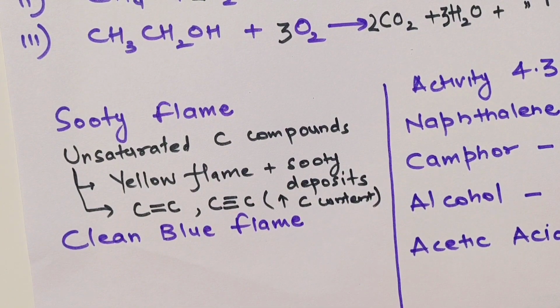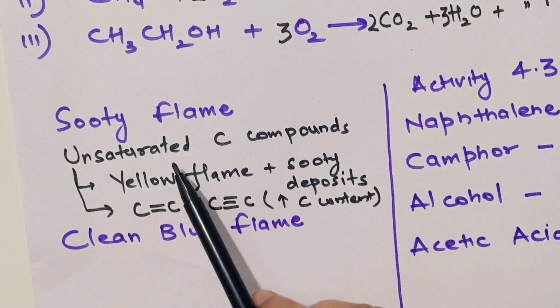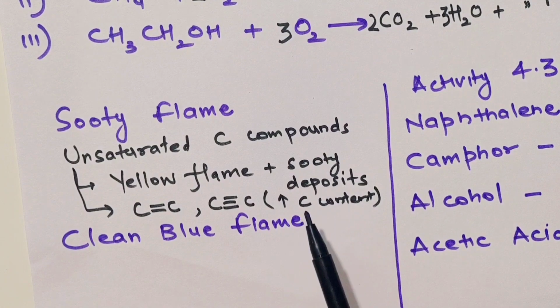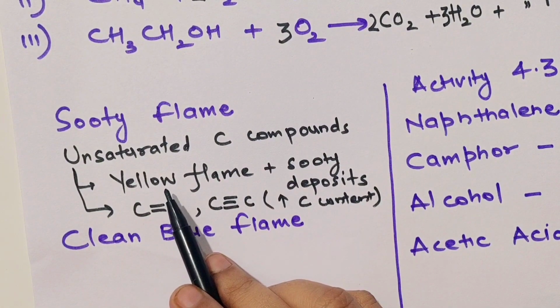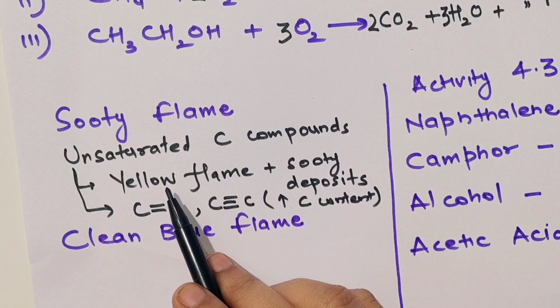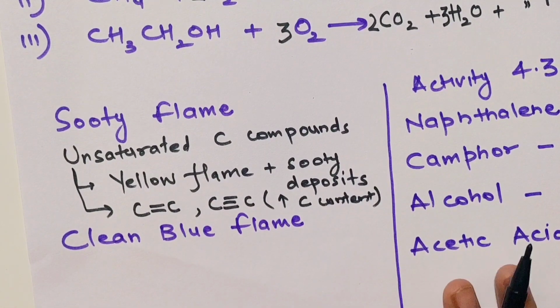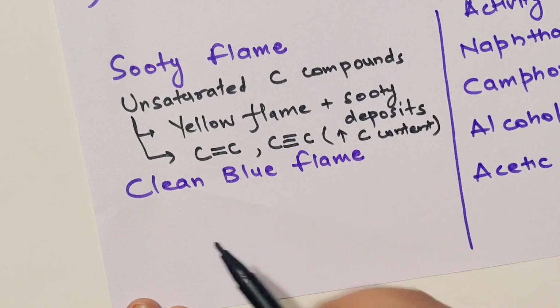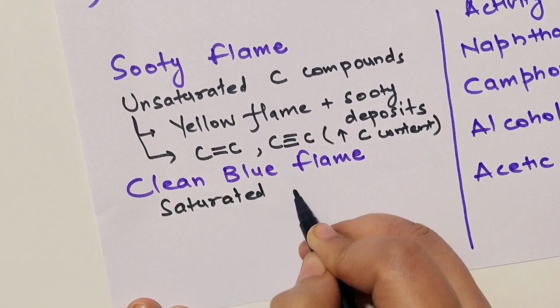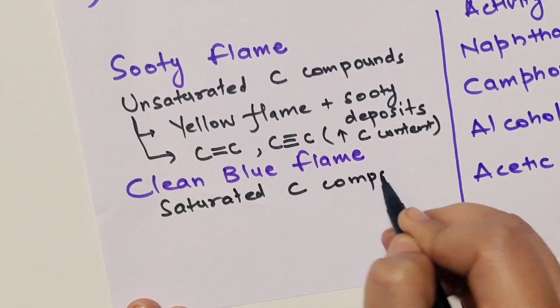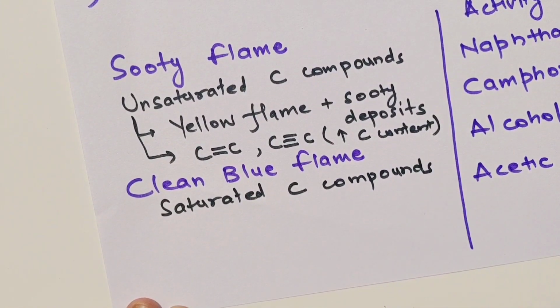So that is why you get sooty flame. Unsaturated carbon compounds give sooty deposits or sooty flame. The flame is yellow, or you also call it luminous flame. Now, when you have saturated carbon compounds, they are saturated with hydrogens.